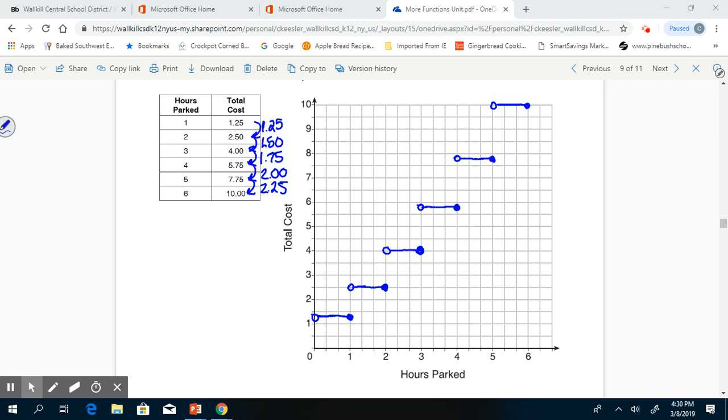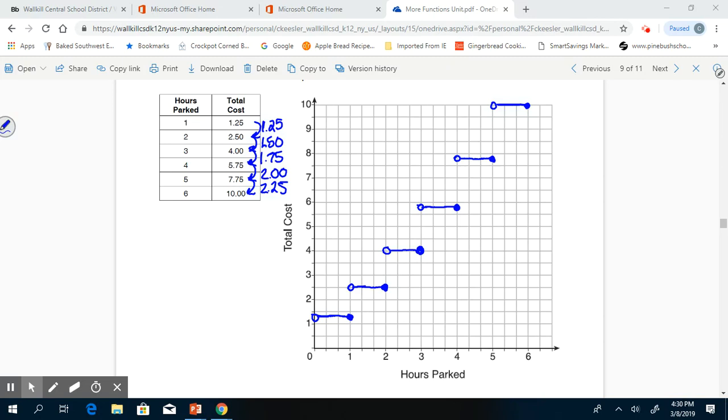So just doing this alone shows the difference here. It's increasing by $1.25 for the first hour, and then an additional 25 cents for every hour after.